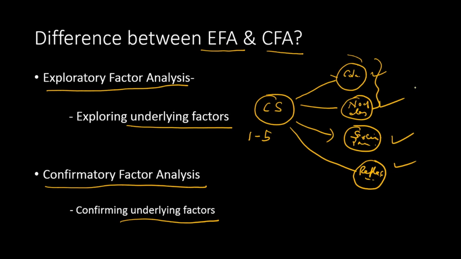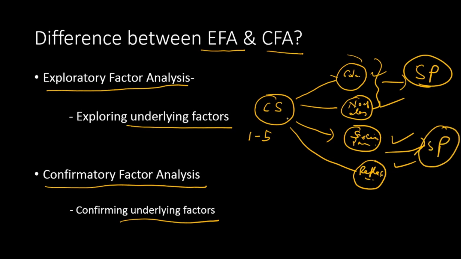So we can say that these 2 variables represent one factor known as satisfaction with product, and the next 2 variables are somewhat related to satisfaction with service. So the overall customer satisfaction depends on 2 main factors: satisfaction with product and satisfaction with service. Now these are the 2 underlying factors.